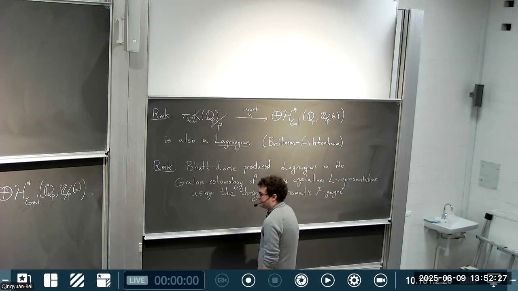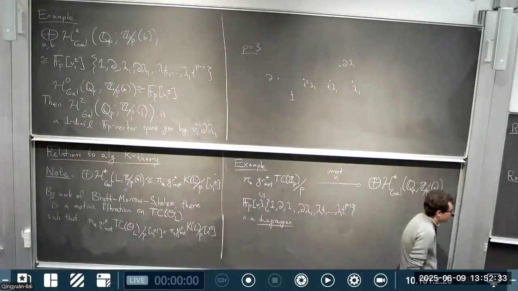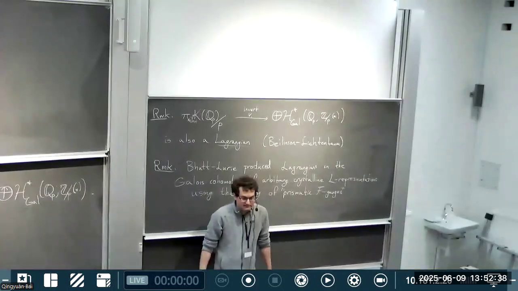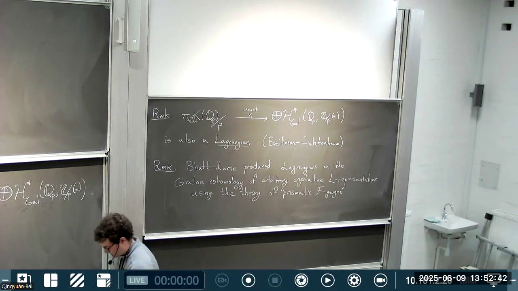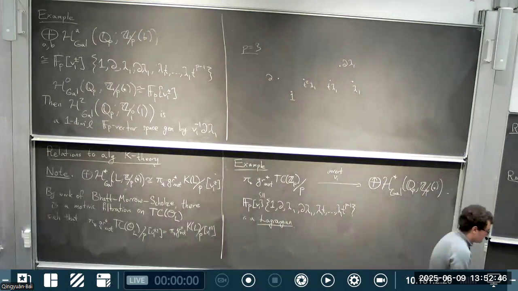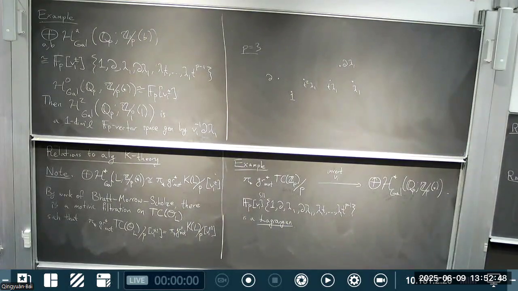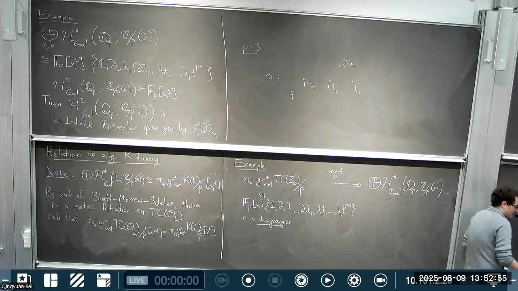So part of what I hope to do is talk in more detail about this theory of topological cyclic homology, and highly associated to that theory is this theory of prismatic F-gauges, whatever that is.